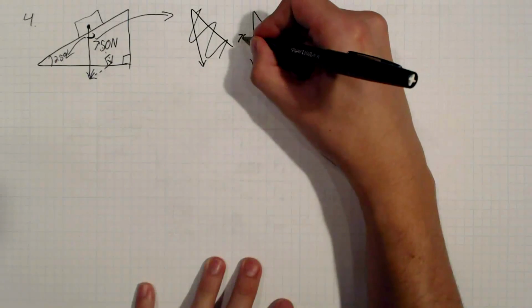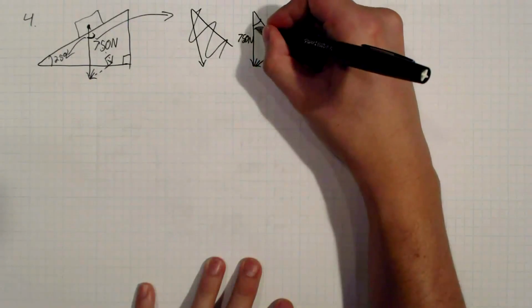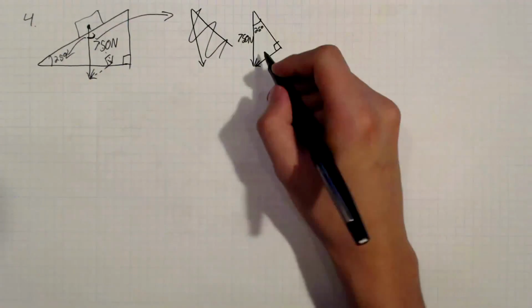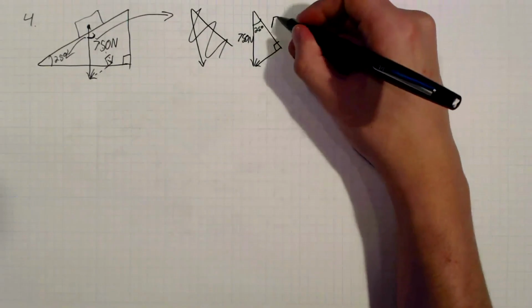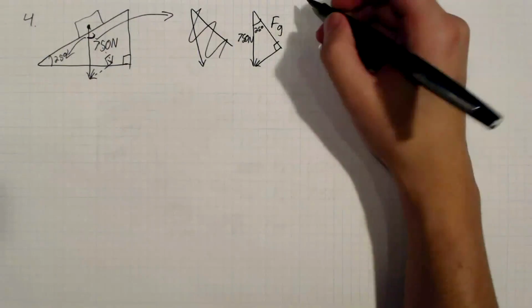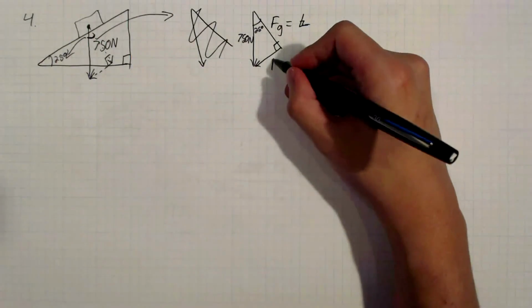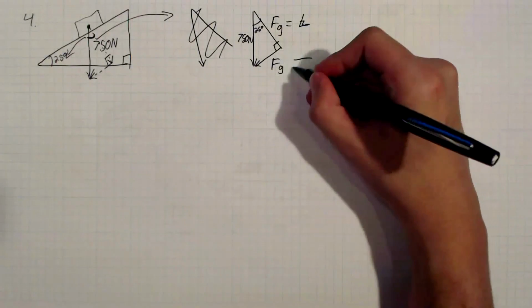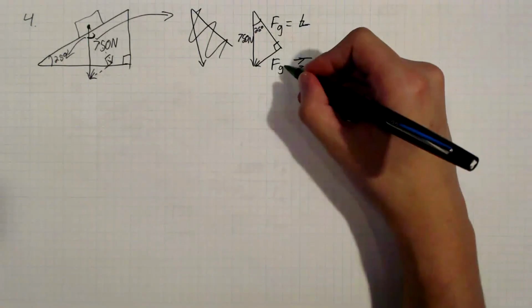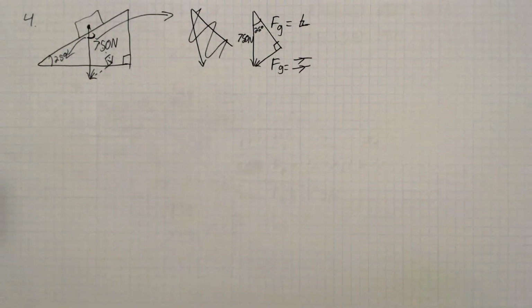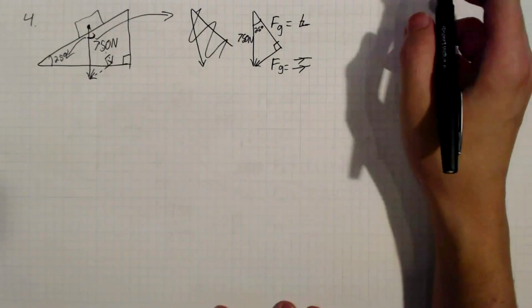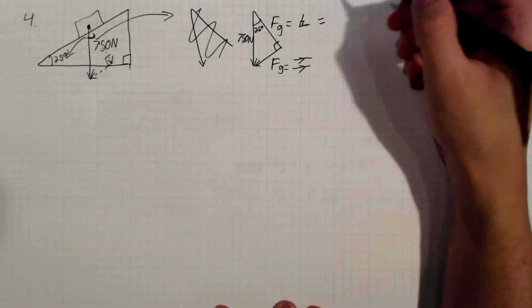So we have 750 newtons over here, 25 degrees up here, and this is our gravity, and we want to know our force of gravity perpendicular to the ramp, and our force of gravity parallel to the ramp. To figure that out, we're going to use a little bit of trig.